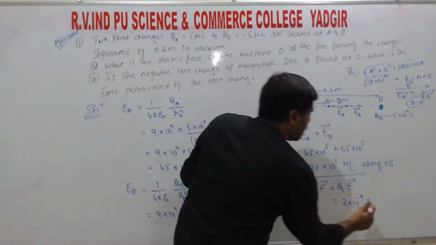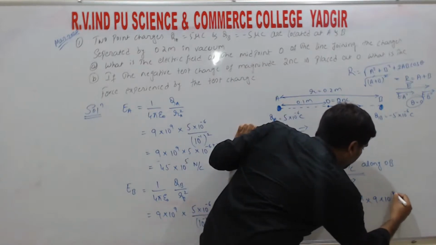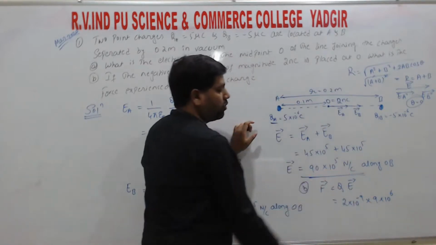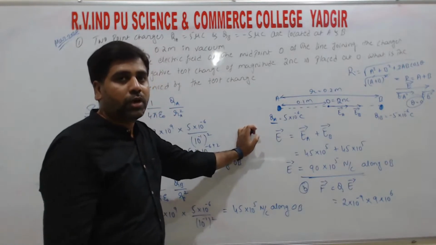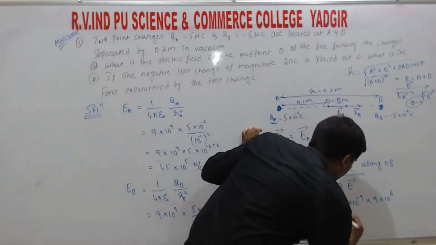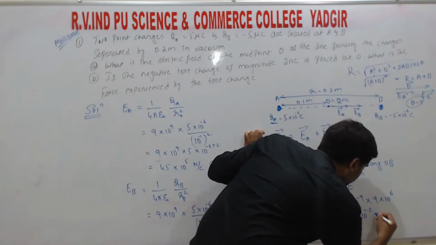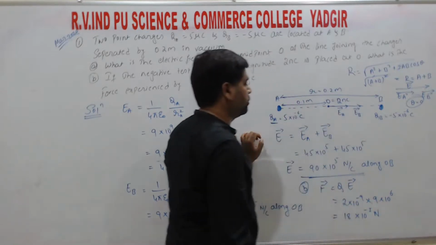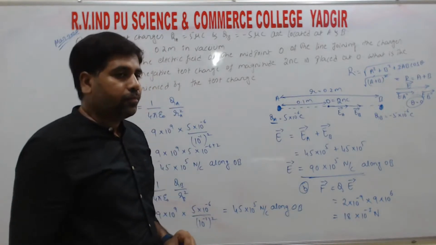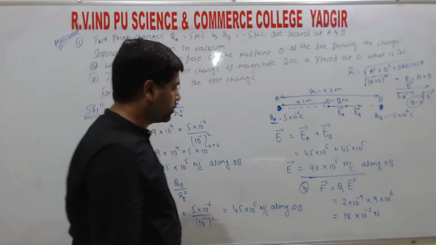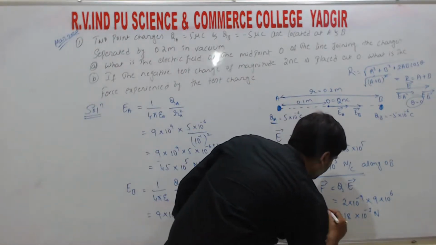The electric field value here is 9 into 10 to the power of 6, since 90 into 10 to the power of 5 can be written as 9 into 10 to the power of 6, right? So we get 9 into 2, 18 into 10 to the power of minus 3 Newton. So this gives the force.